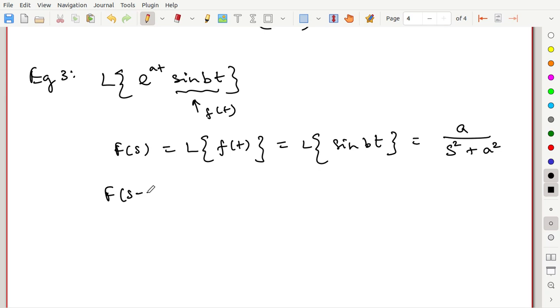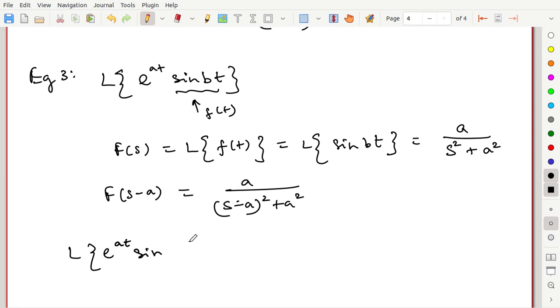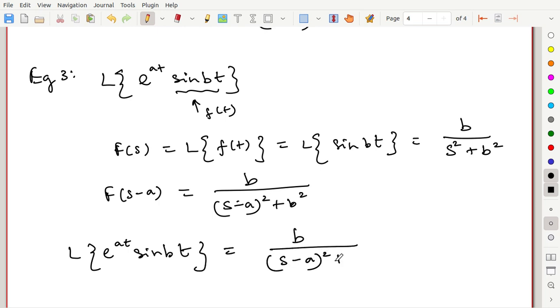So L of e power at sin bt equals b divided by s minus a whole square plus b square.